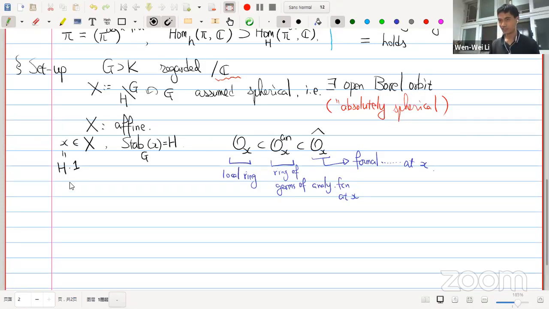So the tool I will use today is D modules. Let's call D_X the algebra of differential operators, maybe just the ring of algebraic differential operators on X, and again, we have the analytic version.